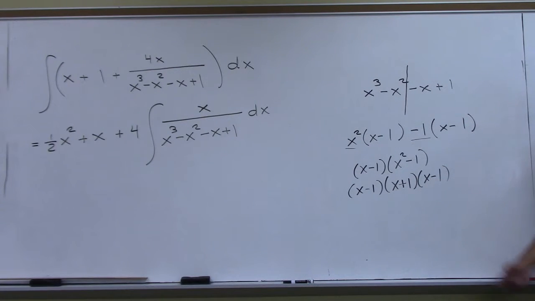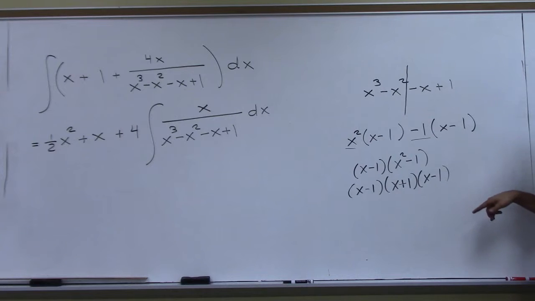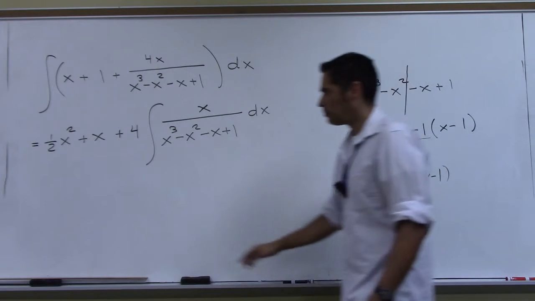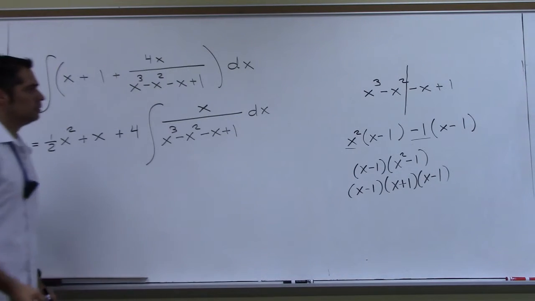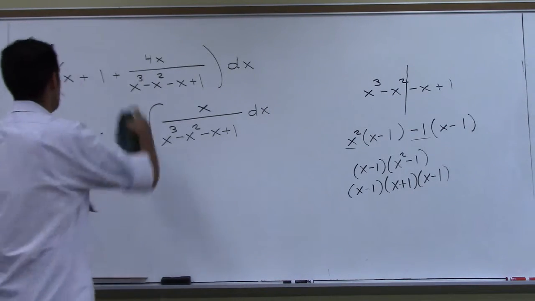Difference of squares. And then I have two factors of x minus 1, don't I? So I can write that as x minus 1 squared times x plus 1.